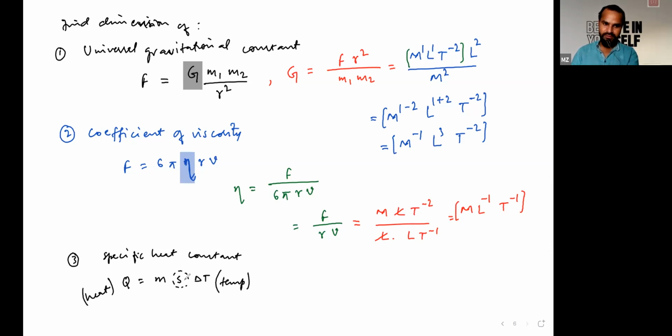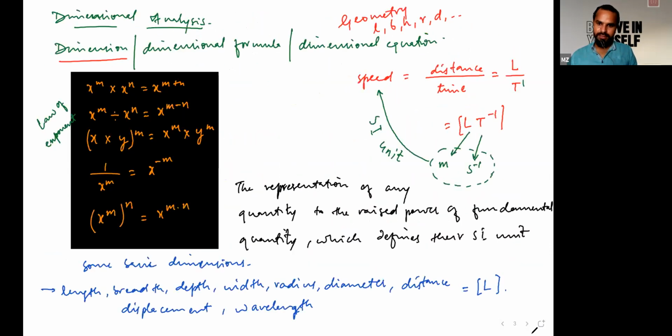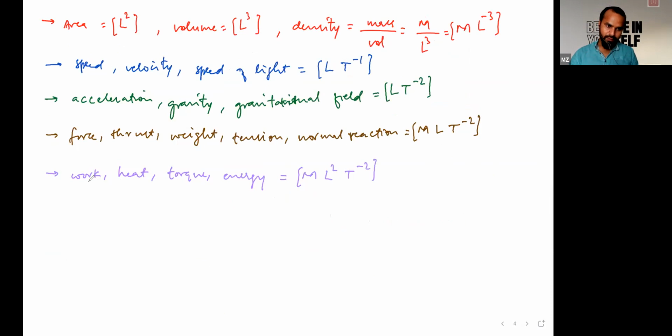So rearrange them to find this s. Here we have Q, which is nothing but heat, and I have just explained in this part that work done, heat, energy, torque all have the same dimension, that is ML squared T to the power minus 2. So use this dimension in place of heat and try to simplify it.